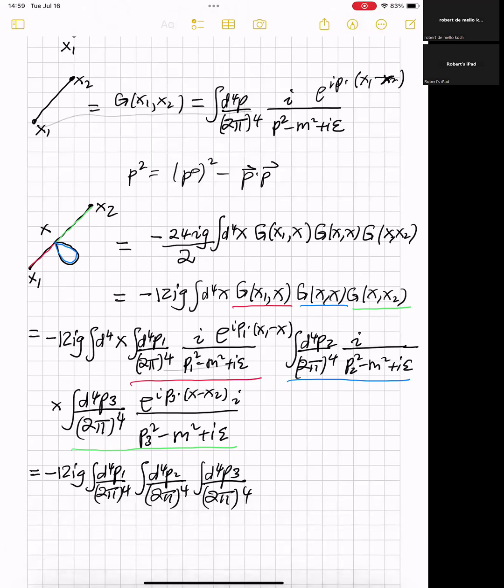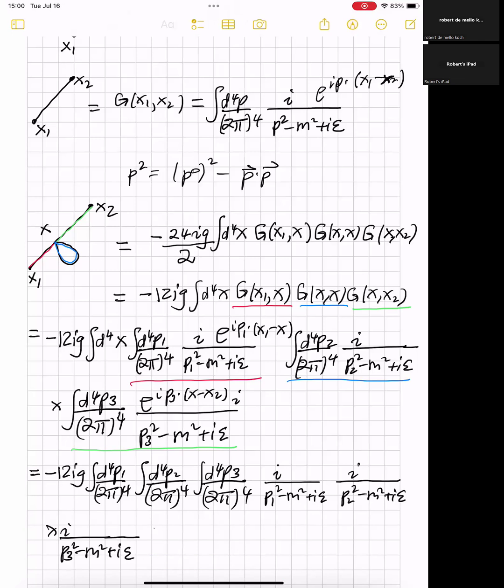Okay, then what do we have? I'm going to push all of the x dependence to the end. So we've got an i over p1 squared minus m squared plus i epsilon, an i over p2 squared minus m squared plus i epsilon, and an i over p3 squared minus m squared plus i epsilon.